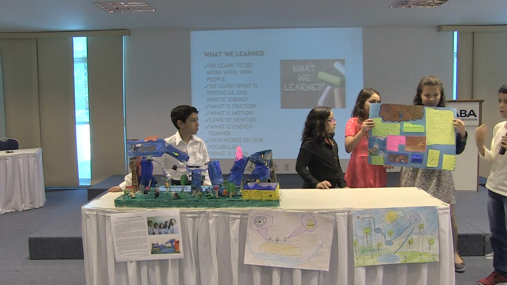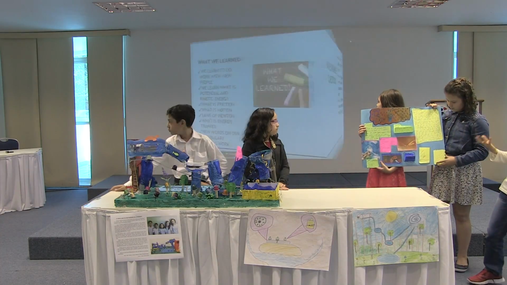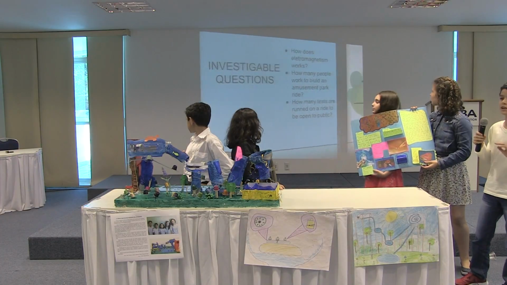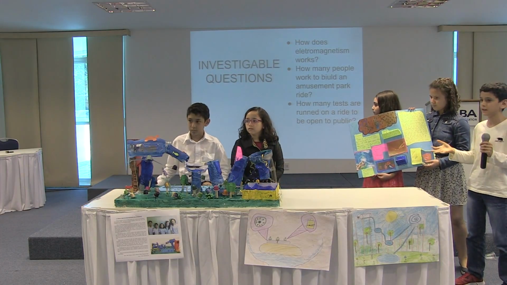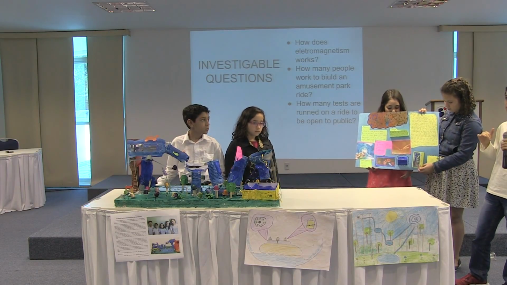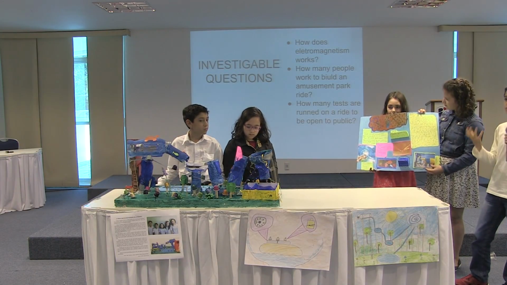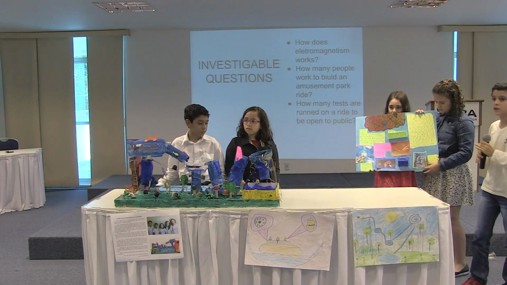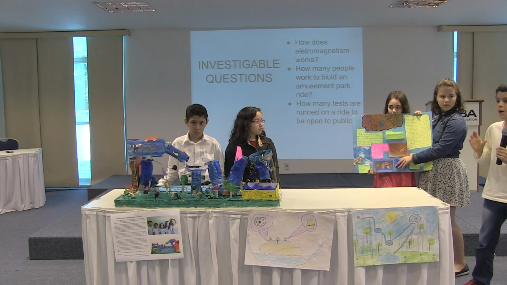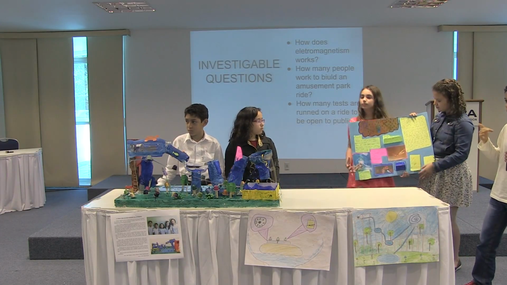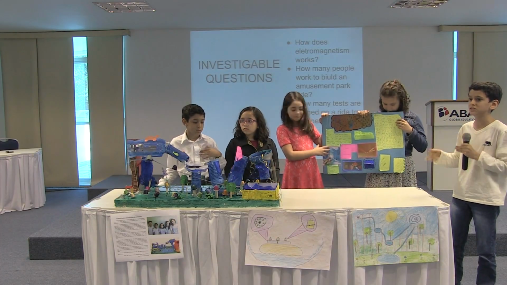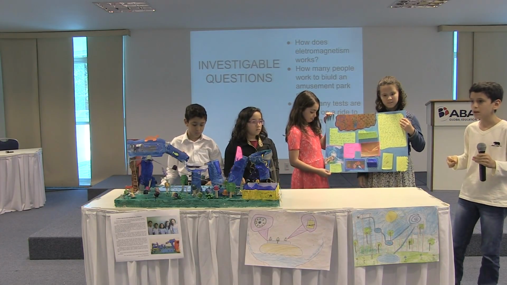So we still have some questions about the project and physics in general. One of them is, how does electromagnetism work? We know that electromagnetism is magnetism and electricity, but we want to know more about how it works in practice. Another question is, how many people are needed to build a real amusement park ride, and how much time does it need, if it's so big?